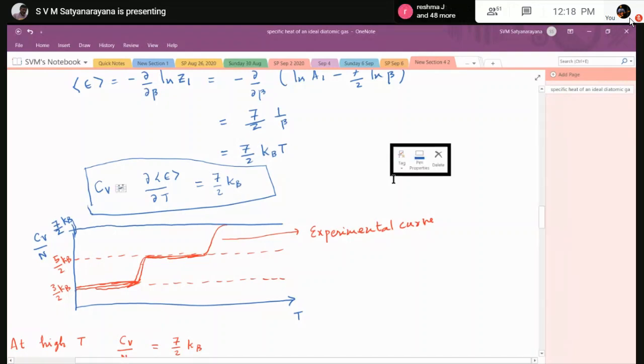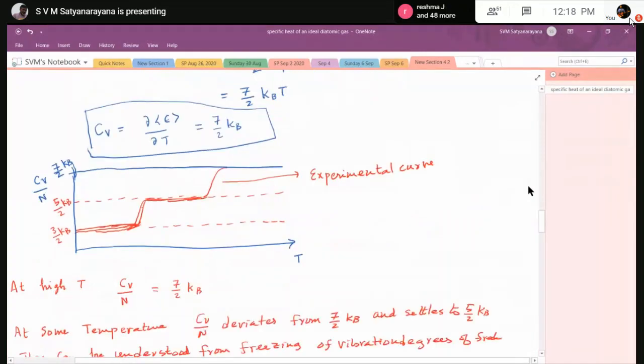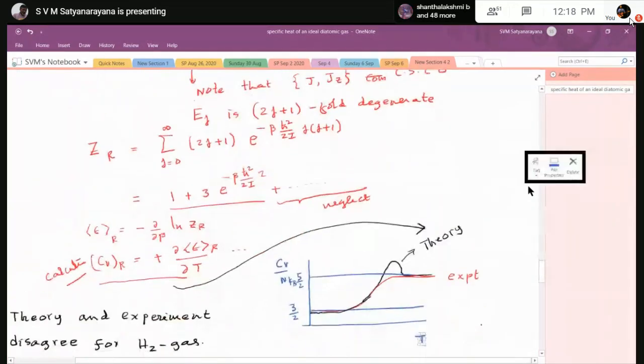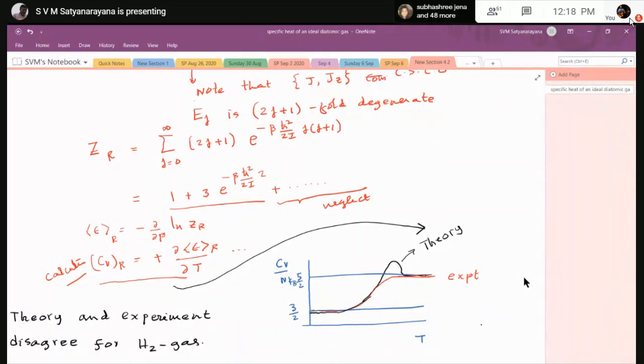But we still did classical statistical mechanics, and then finally when we look at the crossover from 5 by 2 to 3 by 2, we have a deviation when you have a diatomic gas with identical atoms, and that is because of the symmetry properties of the wave function.